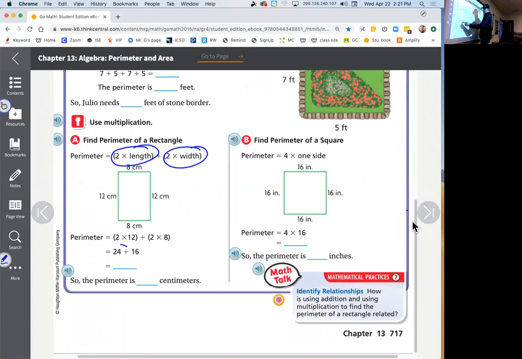So right here, if you look, we got 12 times 2, because you got 2 of them, which is 24. And then you do 8 times 2, which is 16, and then you can add those 2 together. So you get 40 on that one. Okay, so this is 40 centimeters.